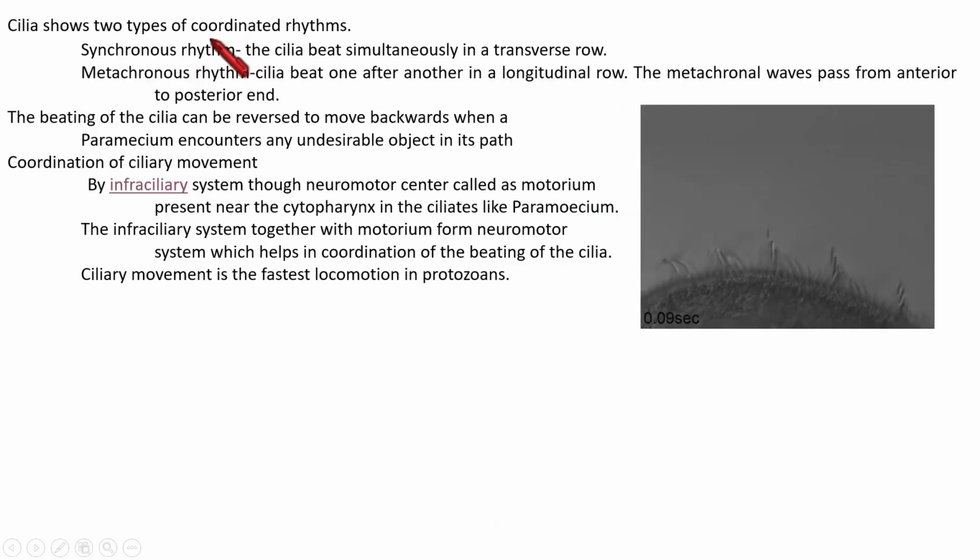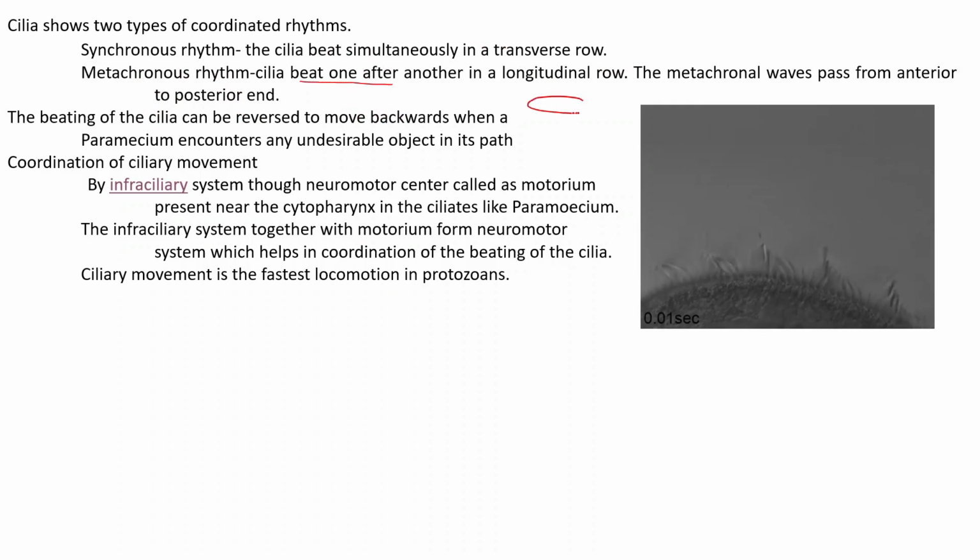And the cilia, while beating, show two types of rhythms, synchronous rhythm and metachronous rhythm. Synchronous rhythm means the cilia beat together simultaneously in a transverse row. While in the case of metachronous rhythm, the cilia beat one after another.